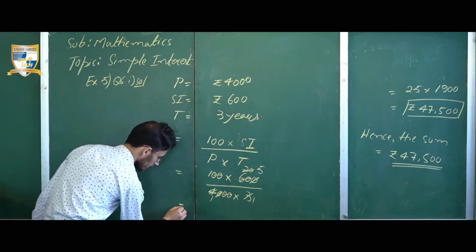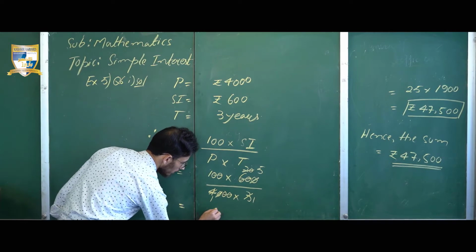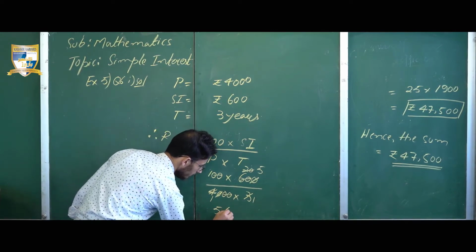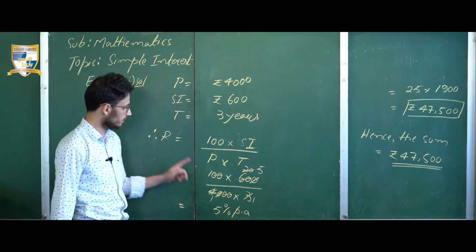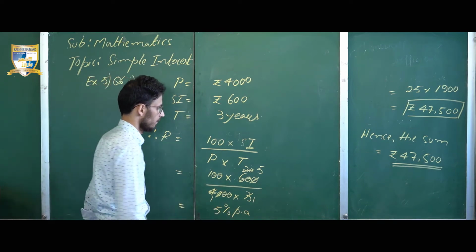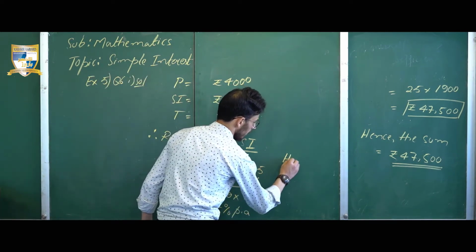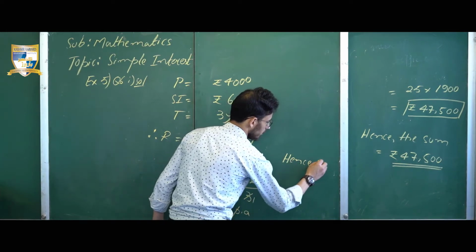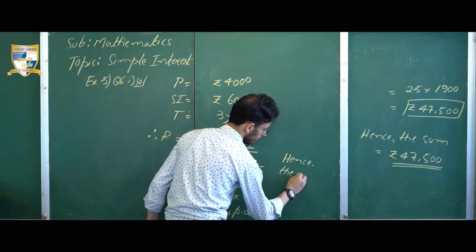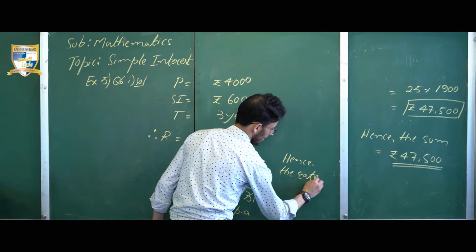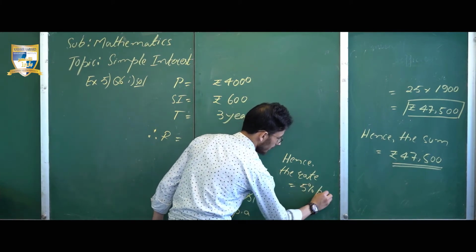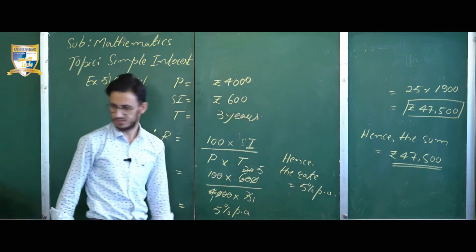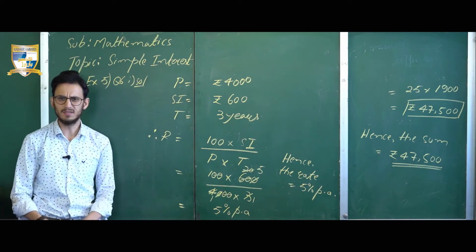After cancelling these things, we get 5% per annum. So our rate of interest is equal to 5% per annum, which is the requirement of the question. Hence, the rate of interest is equivalent to 5% per annum. This was the solution of question number 6.